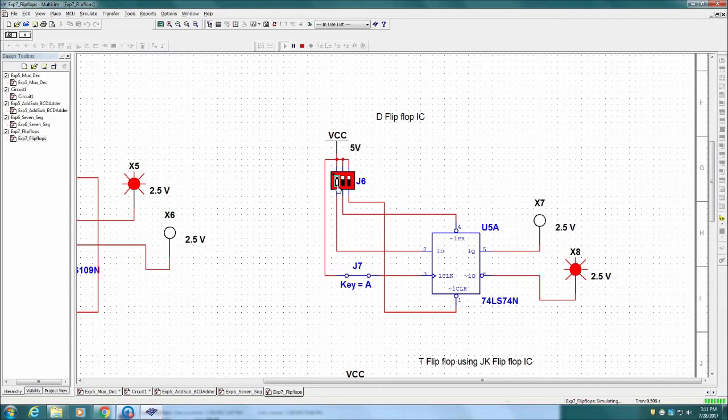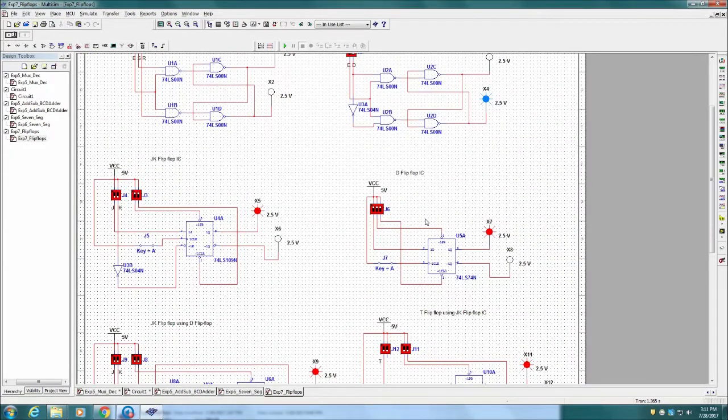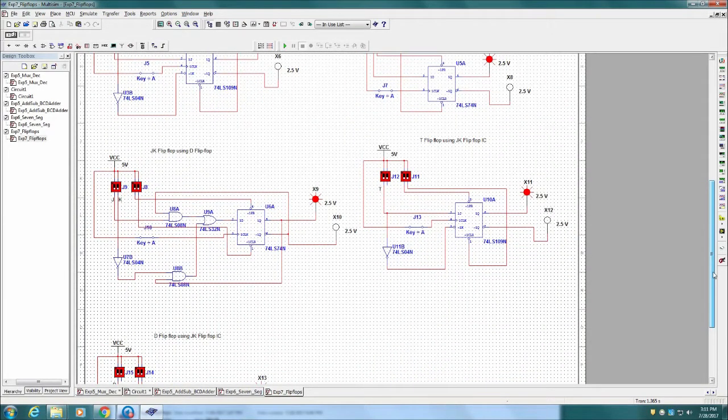And when preset equals 0 and clear equals 1, the flip-flop initializes the output to 1. For normal operation, both preset and clear are connected to VCC. Now, making D equal 1, and when the clock is applied, the output changes to 1. When D equals 0 and the clock is applied, the output changes back to 0.